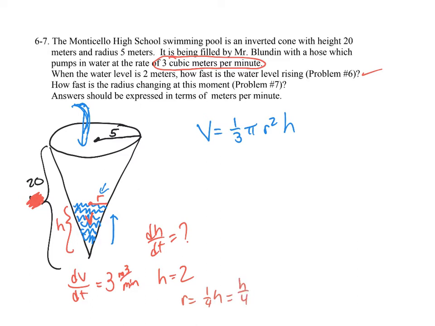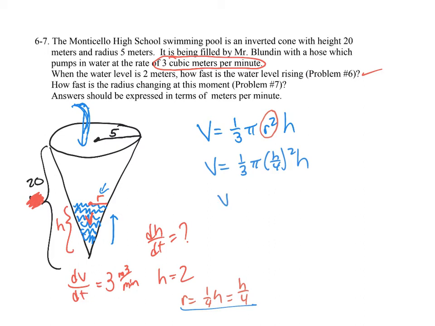And what I'm going to do is put that h over 4 in right here. If you can eliminate variables ahead of time, it usually makes your life easier. So I am putting down V equals 1/3 pi times (h over 4) squared times h. I replaced r with h over 4.